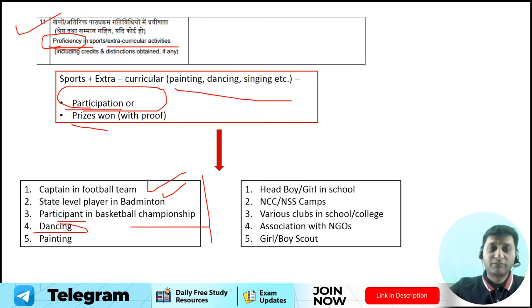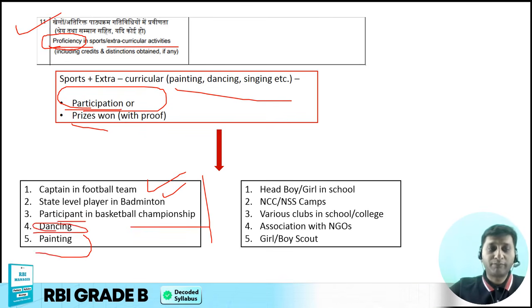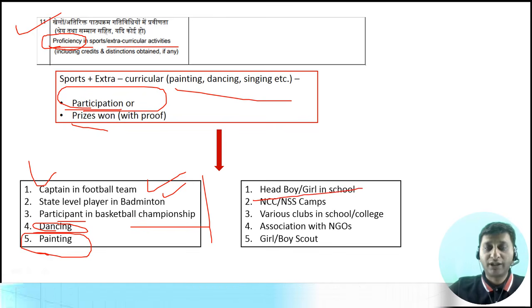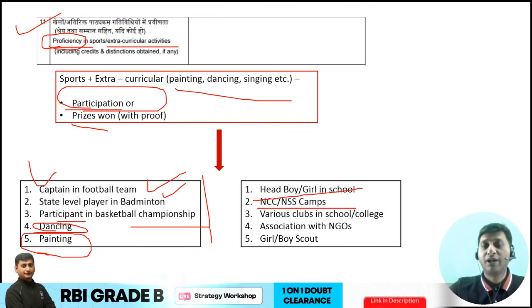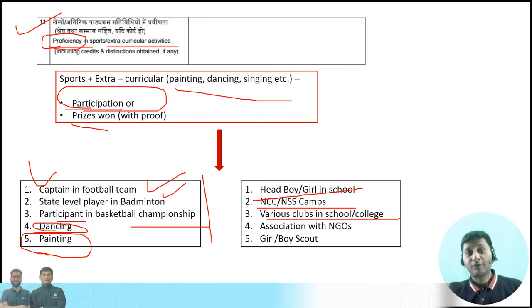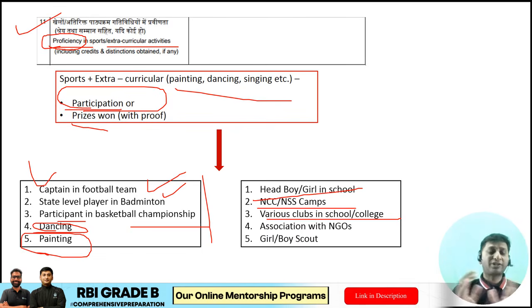They did some dance training, some painting activities and all that with proficiency, not just time pass. Or you were a head boy, girl in school, NCC, NSS camps, you joined various clubs in school, colleges, you were an active member, you actually contributed to that, making you proficient in that area. So these are some of the areas that you can mention here.